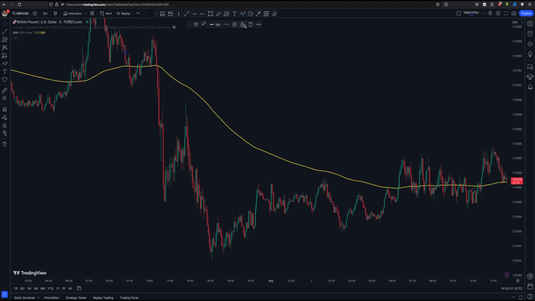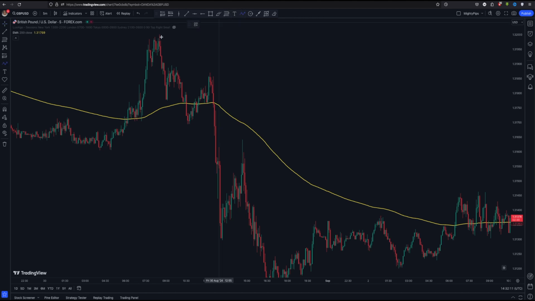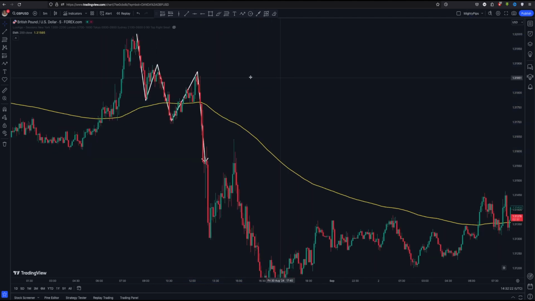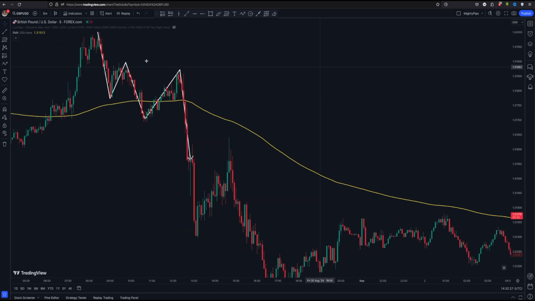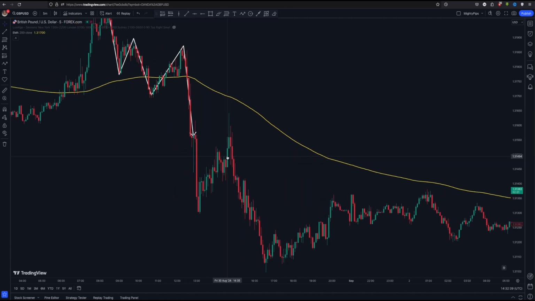All right, you need to identify that the market is actually creating a trend by identifying a high, a low, a high, a lower low, a lower high, like that. Okay, let's change this to white. Right, so you need to support the moving average by making sure that the price is creating lower highs, lower lows, lower highs, lower lows, and then when the price goes and breaks below the moving average here, you can now be sure that the trend is headed to the downside.